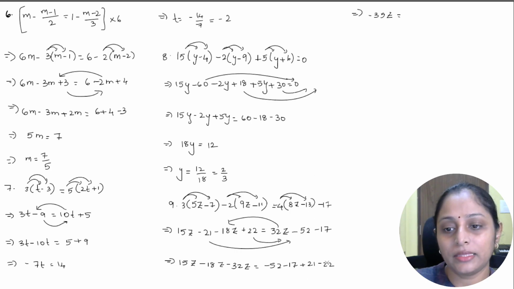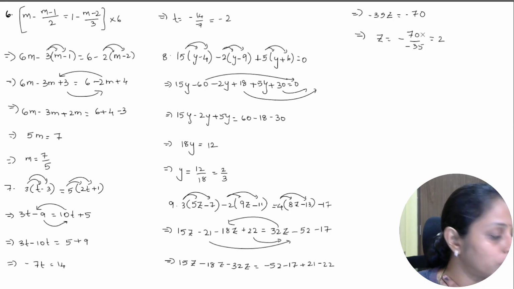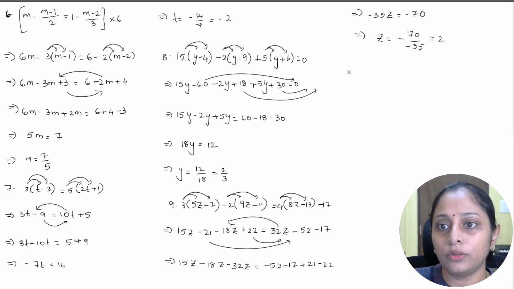Minus 69 and this is minus 1. So this is minus 70. Okay, so this will give me z is equal to minus 70 by minus 35, which is nothing but 2. So the answer is z is equal to 2.